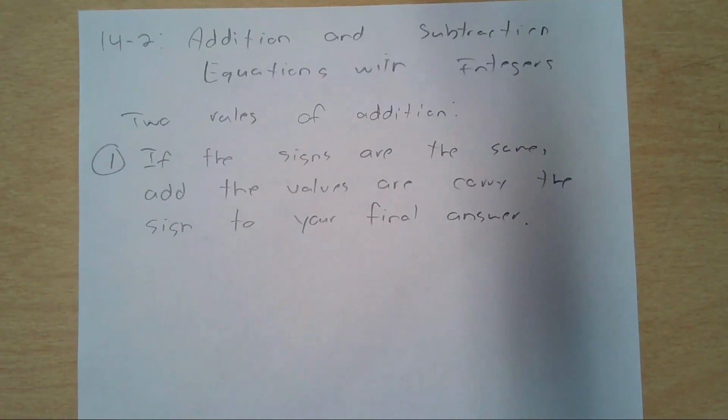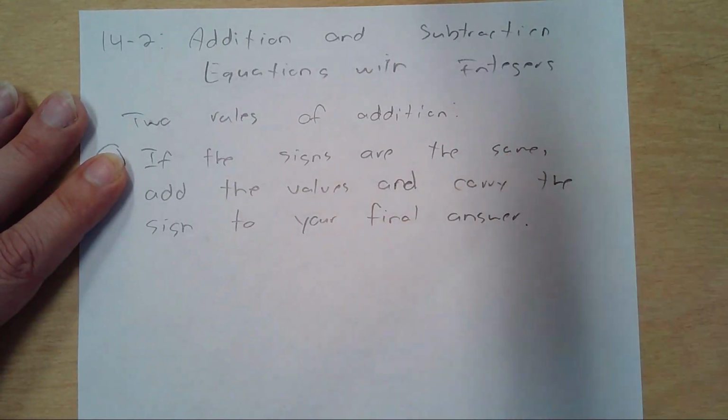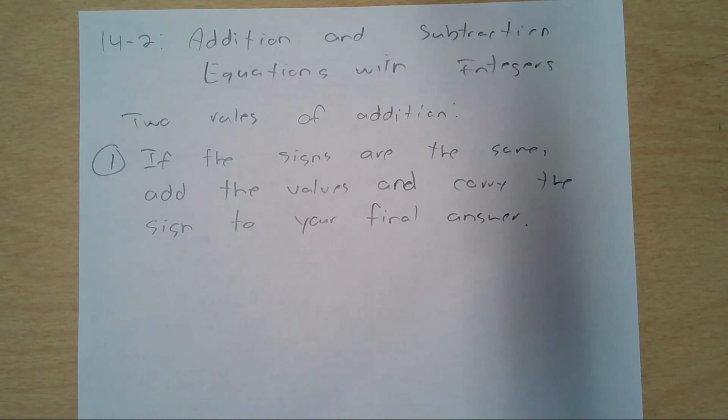If the signs are the same, and what I'm talking about here is if I have a positive plus a positive or a negative plus a negative. I'll give you a couple examples of how this would work. If the signs are the same, add the values and carry the sign to your final answer.